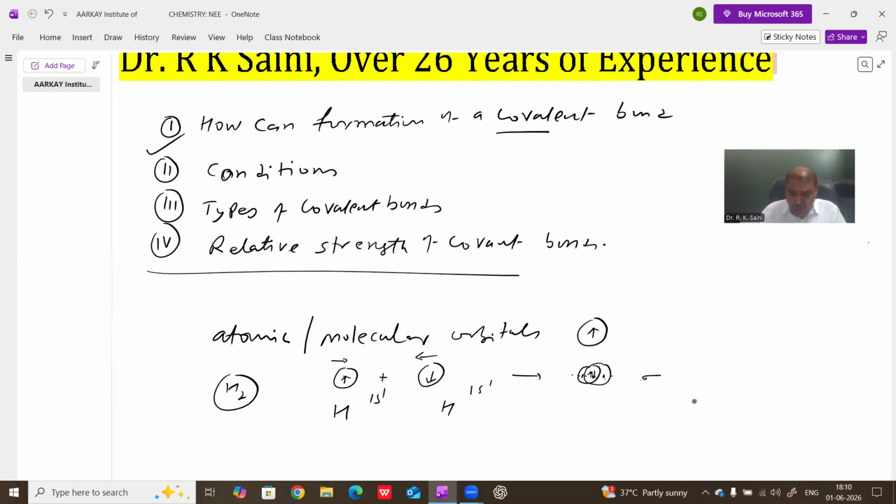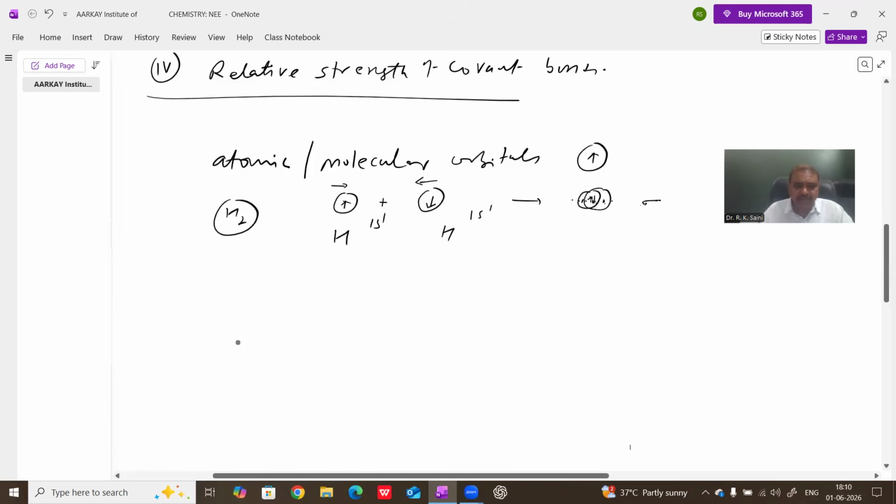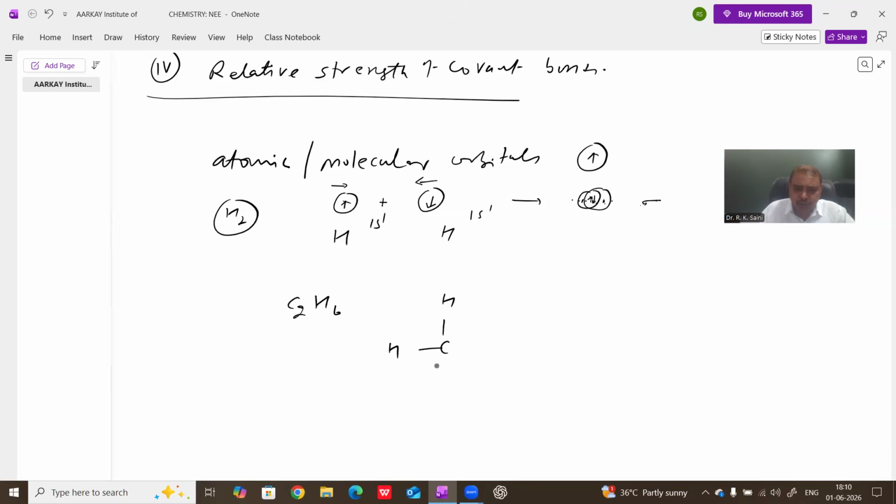Molecular orbital also contain unpaired electron. For example, we check a covalent bond formed between carbon in C2H6 molecule, in which 2 carbon atoms contain 1 sigma bond, and this sigma bond is formed by the overlapping of sp3 hybrid orbitals, because each carbon has sp3 hybridization, and hybrid orbitals can also make covalent bond.